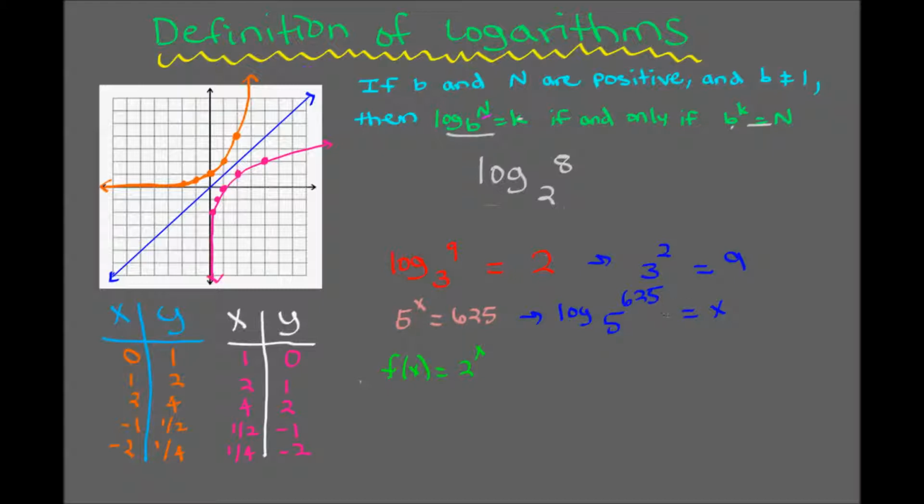So why did I put this graph over here? We talked about this briefly in the previous video. This graph is showing the inverse of the function f of x is equal to 2 to the x. In this video, we're going to find what the inverse actually is.